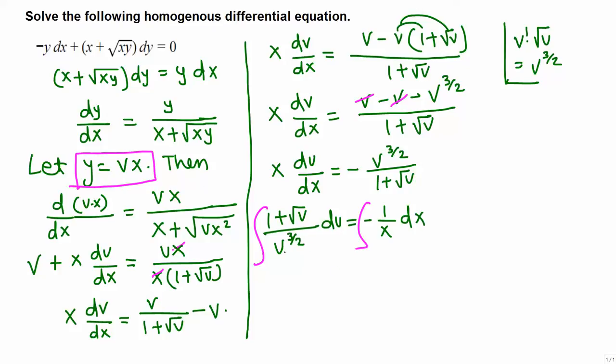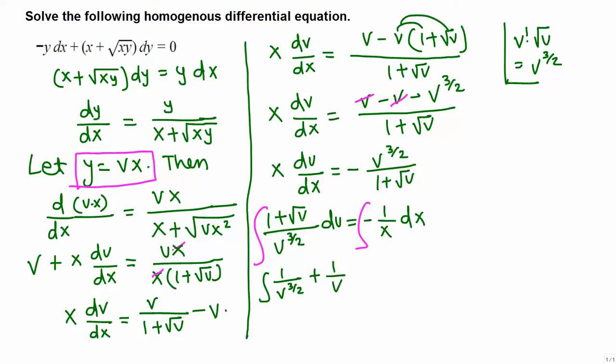Now let's integrate this. We have two terms on the top, so we can separate this fraction. So 1 over v raised to 3 halves dv, okay, plus root v over v raised to 3 halves, which is in fact v times root v. So root v cancels, just v leaves on the bottom, 1 over v.